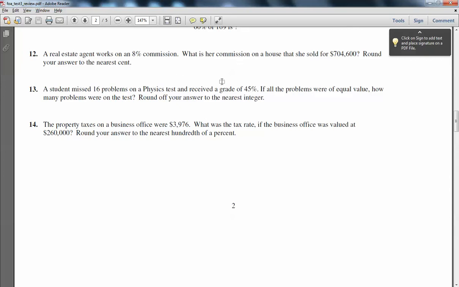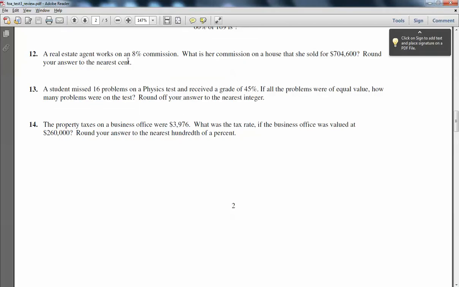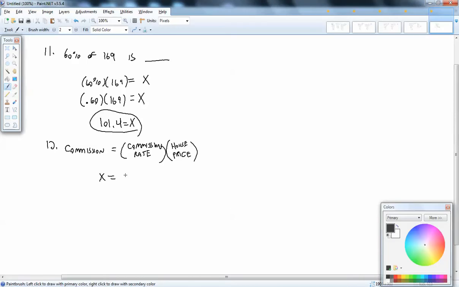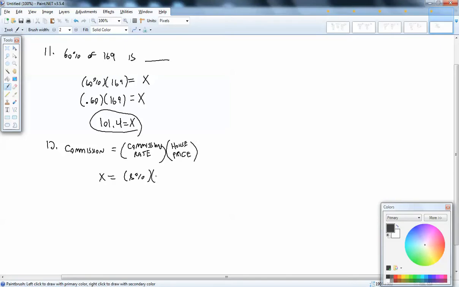It says what is her commission? So we're trying to find the commission, so I'll just put an x in there for that. Now commission rate told us was 8% times the house price, which is $704,600. Well, the 8% we change to a decimal. You always want to change to decimal before you start working a problem.